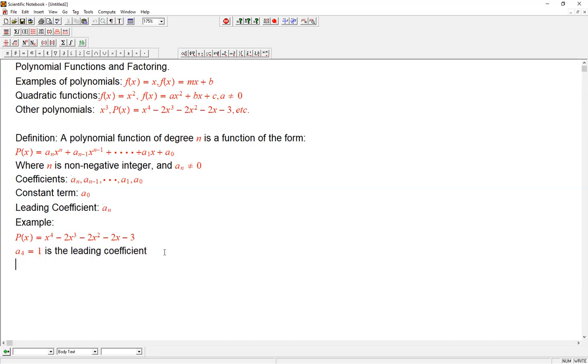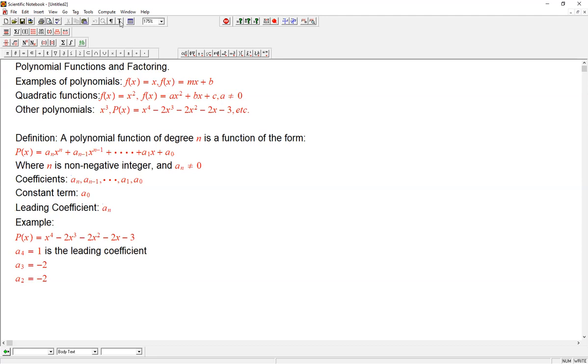And what is a sub 3? a sub 3 is the coefficient for x raised to the power 3. It equals -2. And a sub 2, the coefficient of the x squared term, is -2.